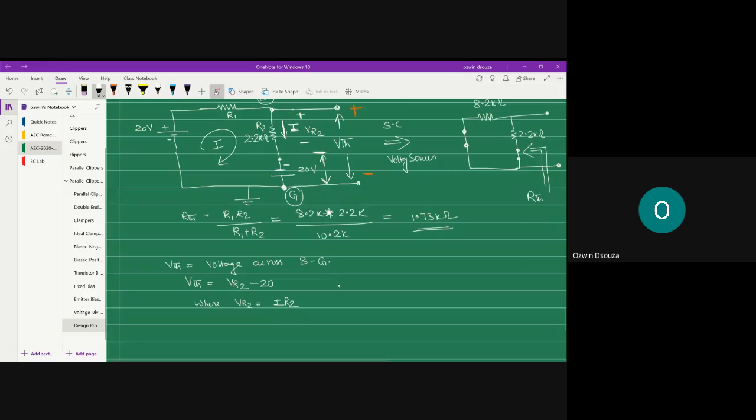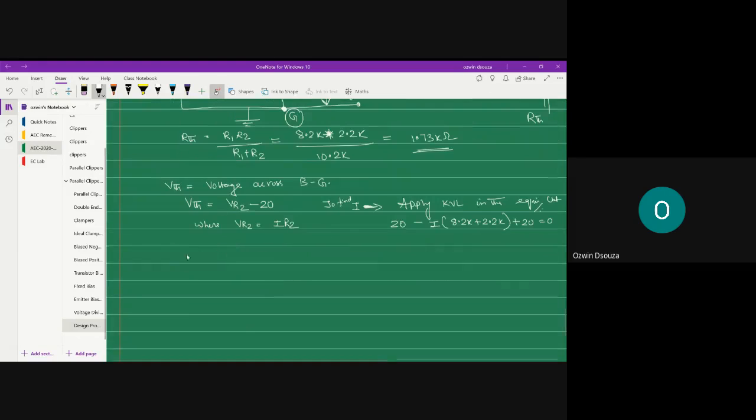And to find I, you can apply KVL in the equivalent circuit. So what do we have? 20 minus I into R1 plus R2, that's 8.2K plus 2.2K, then minus to plus, so plus 20 is equal to 0.